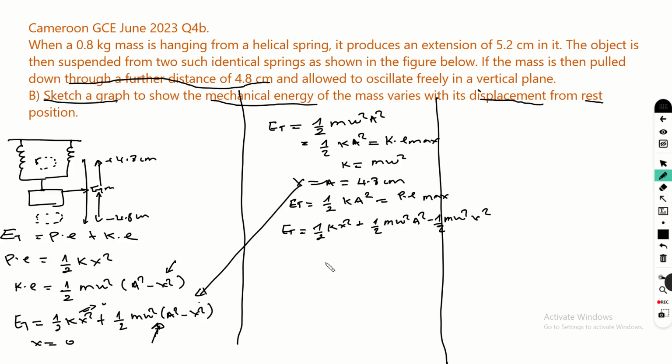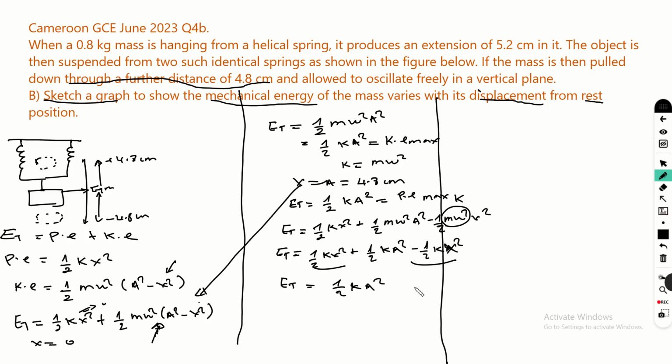Because m omega squared is the same as k, this term takes care of that one, and the formula becomes ET equals half k a squared.